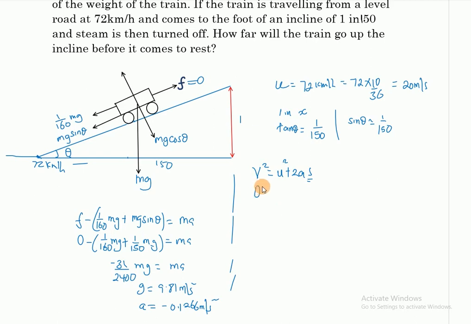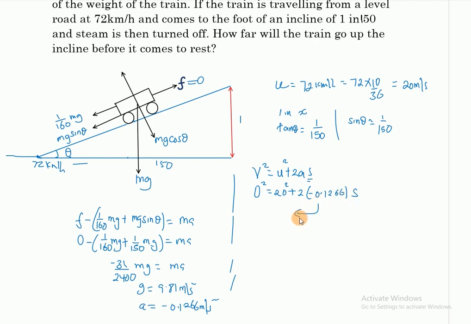We are talking about a final velocity which is 0, because how far will the train go up the incline before it comes to rest. So final velocity is 0. Remember, it started with the velocity of 72 km/h at the foot of the incline. So we have 20 squared plus 2 times the acceleration along the incline, which is negative 0.1266, times s.